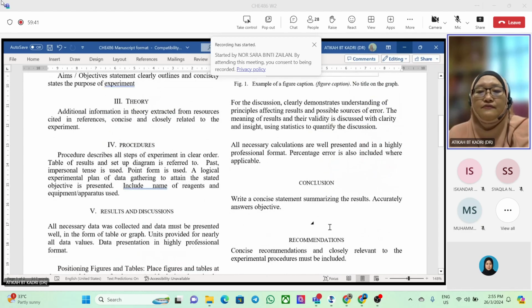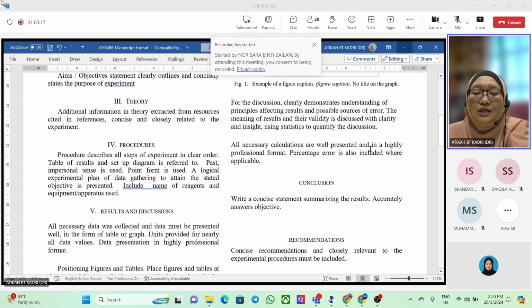And if you have a calculation, please show that calculation using an equation, because it's going to be in Word format, so please use the equation function to show the calculation. Whenever you have an equation, you need to label the equation. Equation means not a calculation, but an equation. For example, force is equal to mass times acceleration.